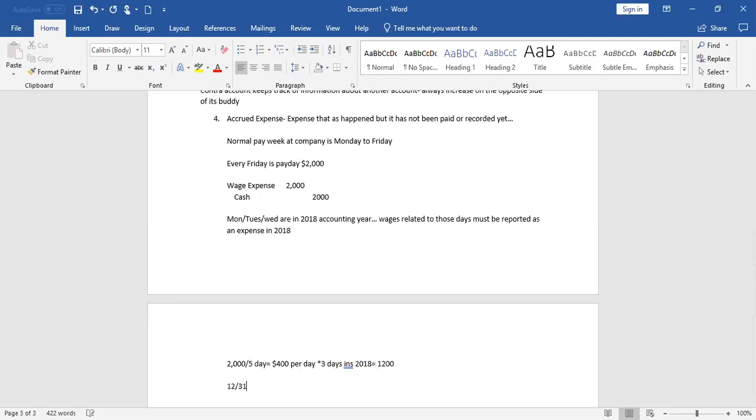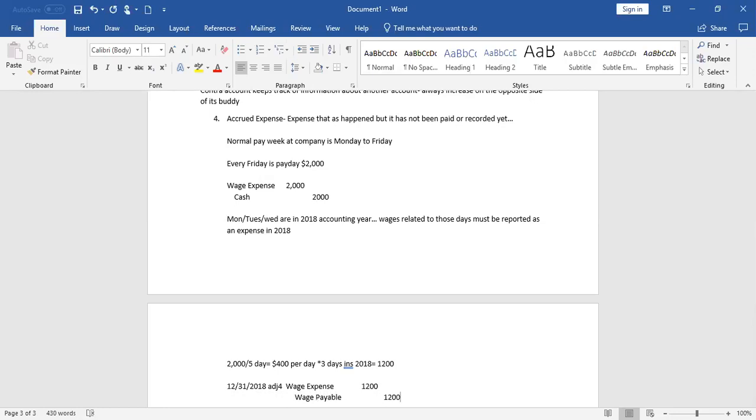So on December 31st, we would do our next adjusting journal entry, debiting salary or wage expense, wage expense, $1,200. We're not paying the wages on that day. So we credit wages payable, a liability account, to show we had an expense, it isn't paid for yet, so we owe it as of December 31st.